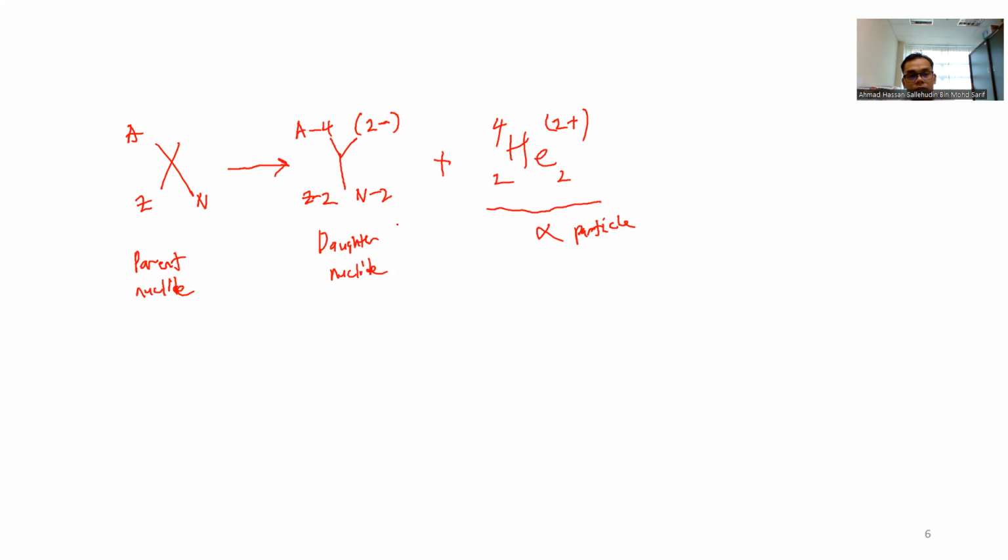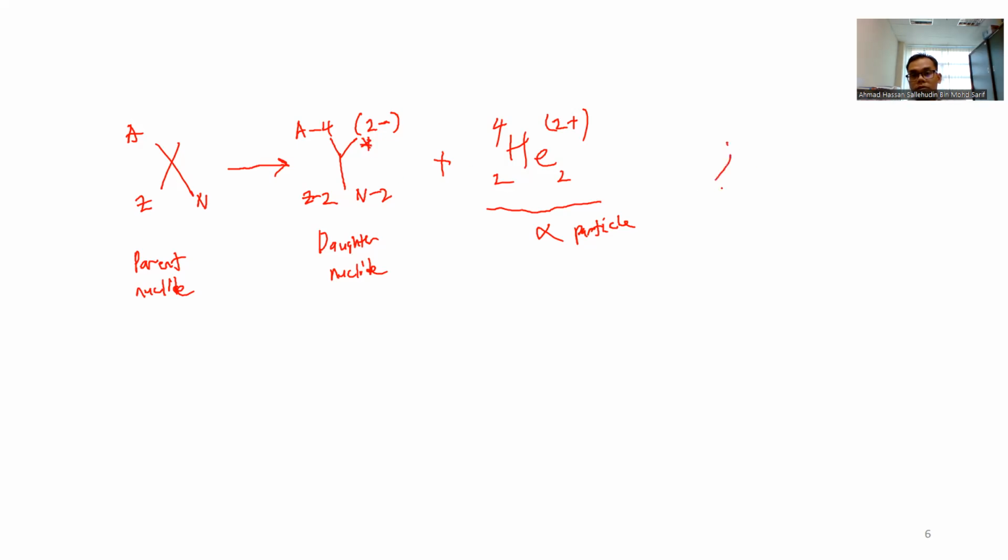And usually immediately after the alpha decay, the daughter nuclide has not yet reached the ground state. The nucleus itself will be at an excited state.